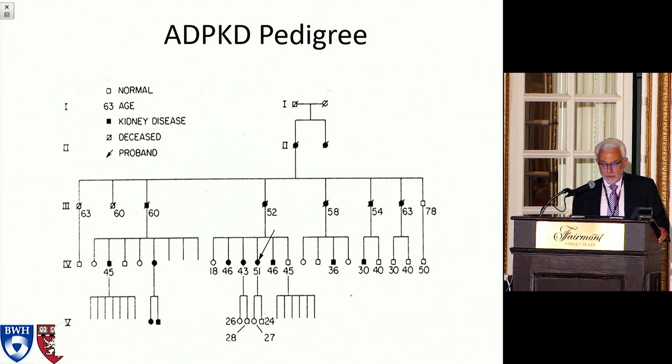This is a large pedigree which illustrates the burden of ADPKD spread through multiple generations. So this arrow here represents our proband, and this individual has affected siblings, an affected parent, affected aunts and uncles over here, affected grandparent.